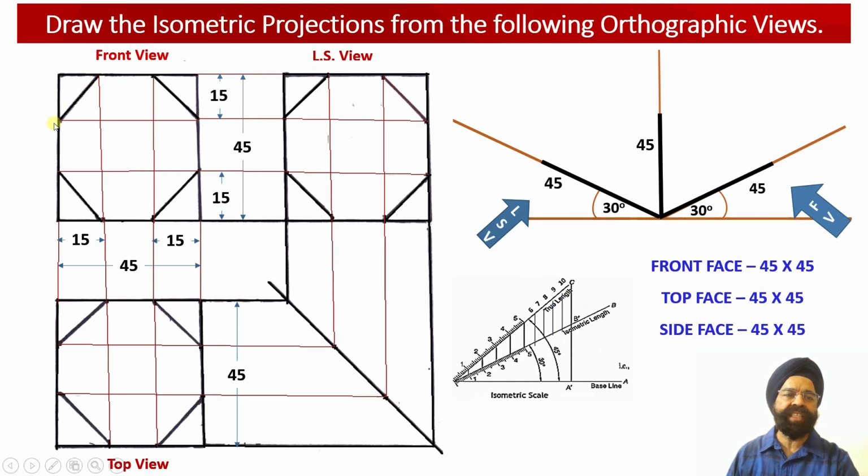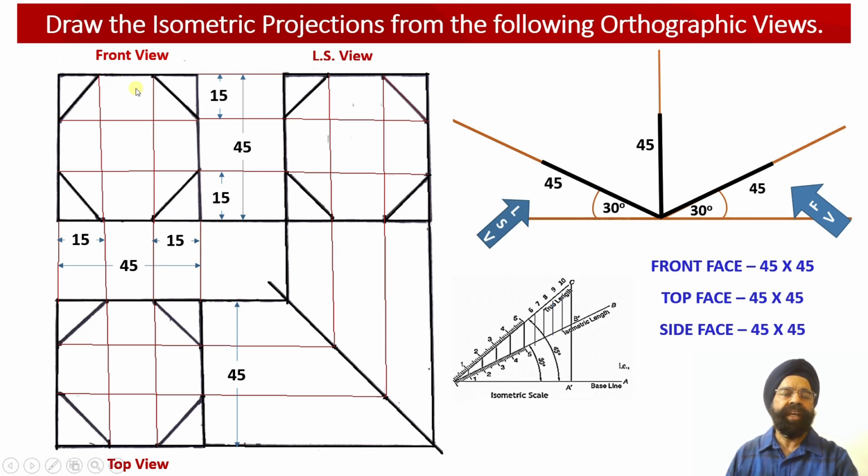And all these inclined surfaces are located at a distance of 15 millimeter from the corresponding vertical edges or the corresponding horizontal edges over here. So these 2 points will be located at a distance of 15 millimeter from the bottom and 15 millimeter from the left. Similarly, over here, the orientation of this inclined surface will be 15 millimeter from the corner points.